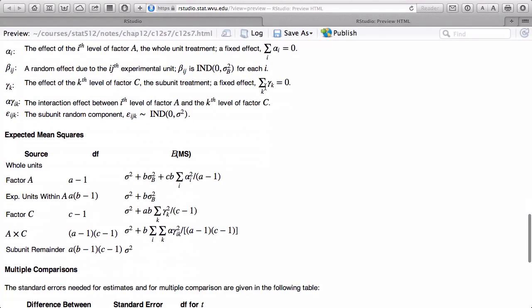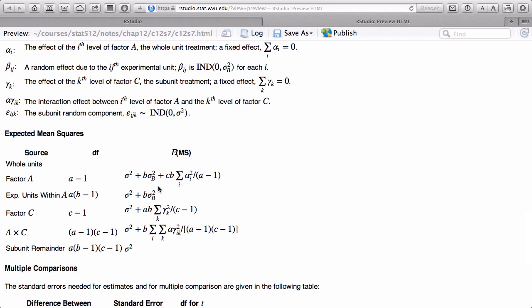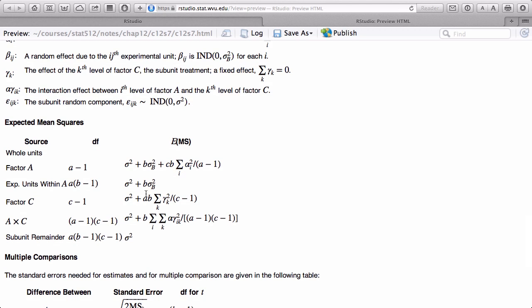And just for reference, here are the expected mean squares, and you can see this b right here. You might wonder, well, why is that a B here if there's a B down here? It's because the B is not really quite a B. It's more like an interaction. So at any rate, this is a nested design, and we can look at the expected mean squares for that, if you only had the nesting.